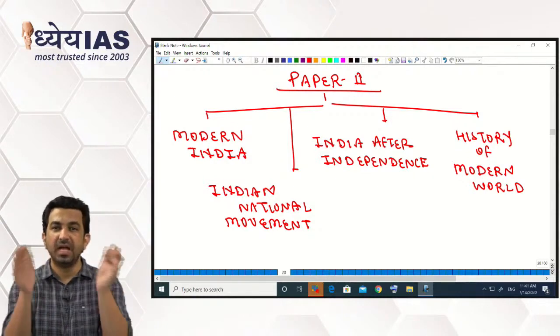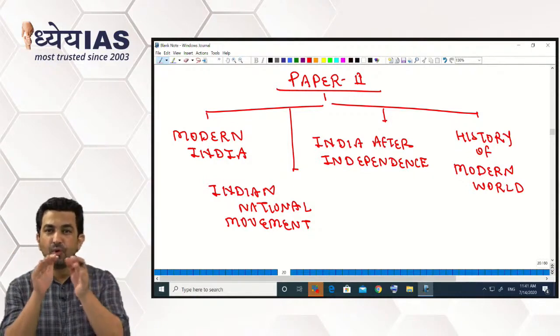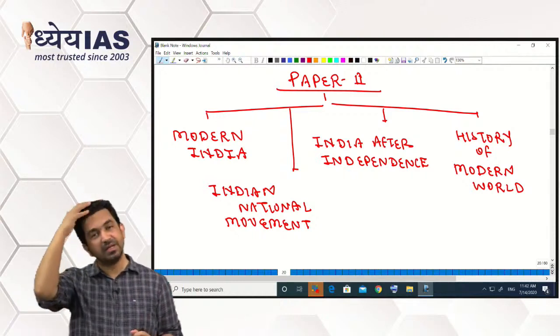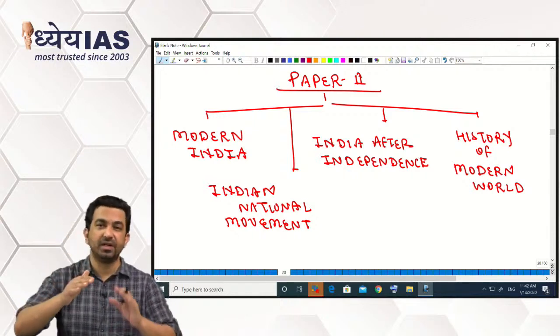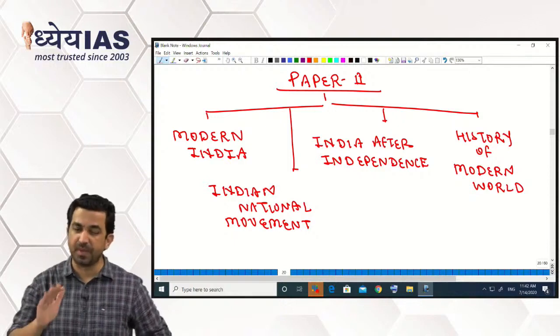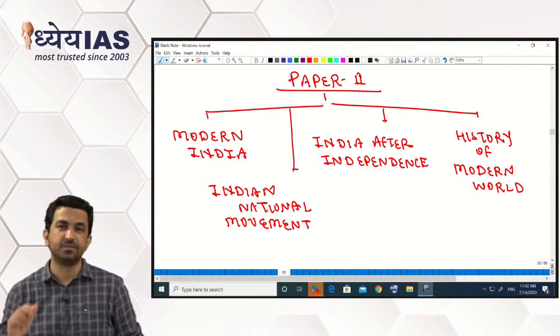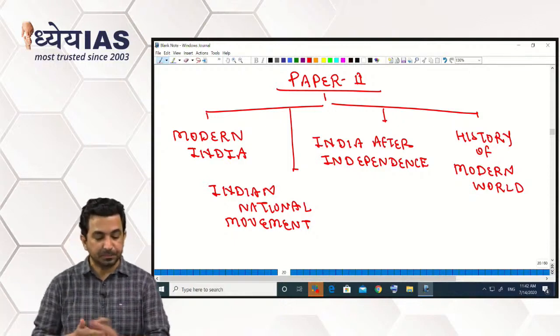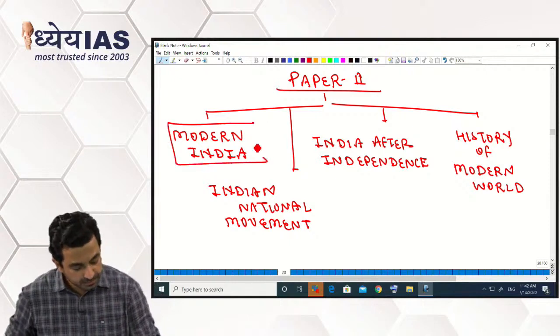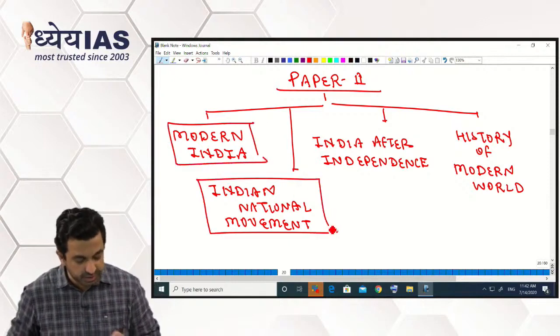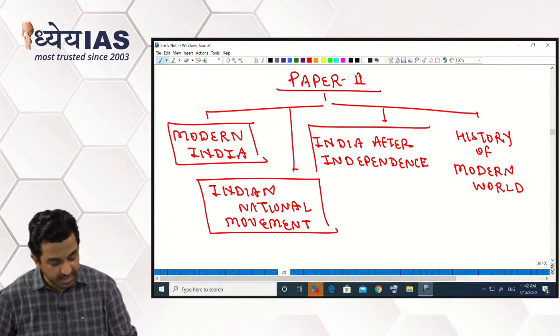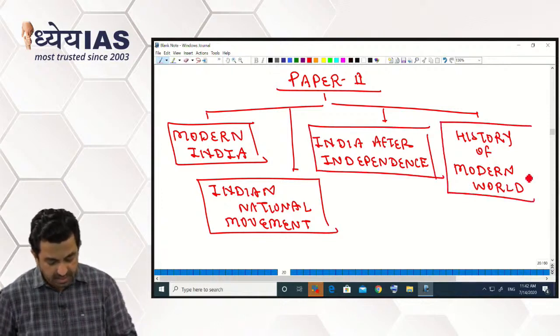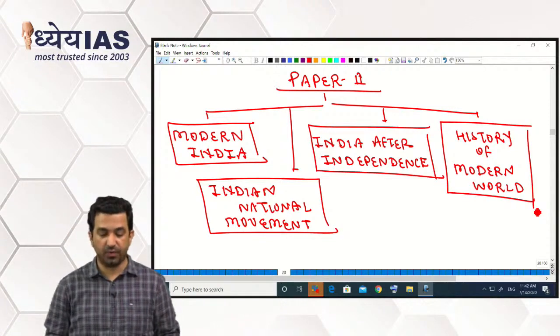We have to organize the syllabus of paper 1 as well as paper 2, but right now we are trying to organize the syllabus of paper 2 because we are going to start its batch with paper 2 as well. So: modern India and Indian national movement, India after independence, and history of the modern world.